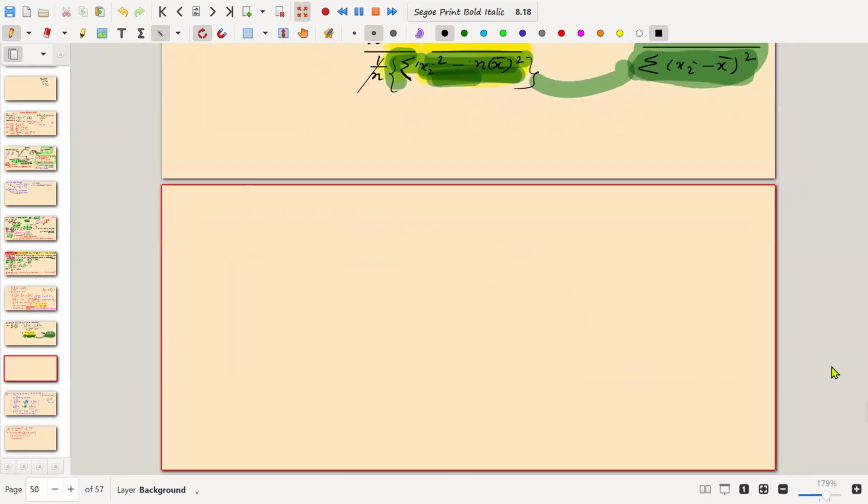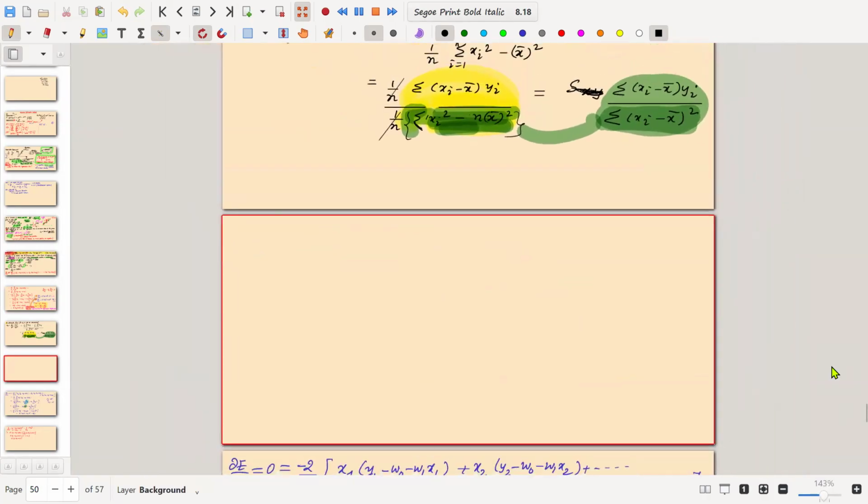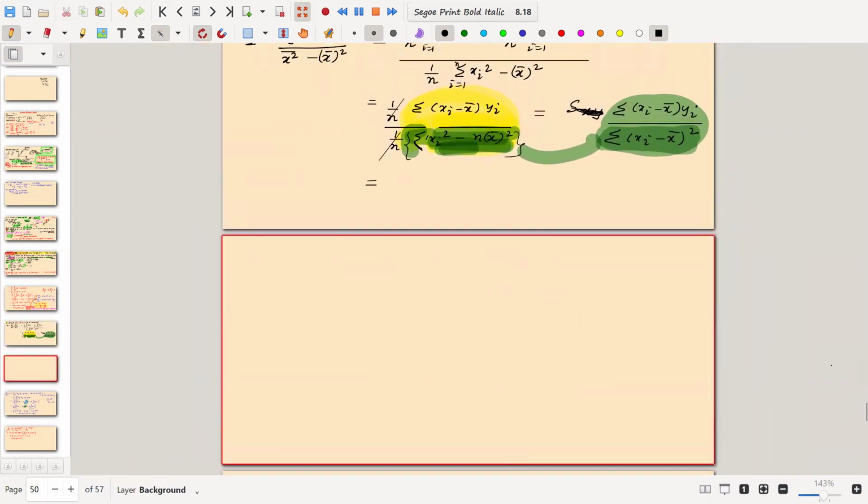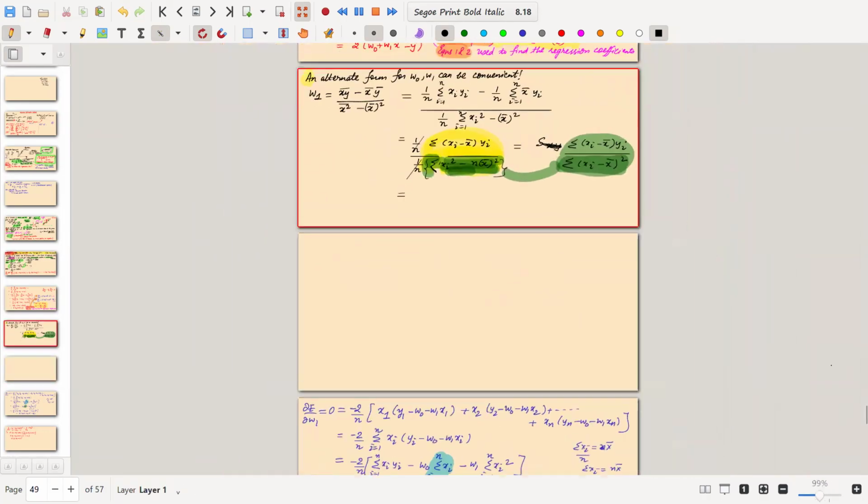So what we got from this? Finally you agree that this W1 we can write as summation of xi minus x bar yi divided by summation xi minus x bar whole square, right? Do you agree now?